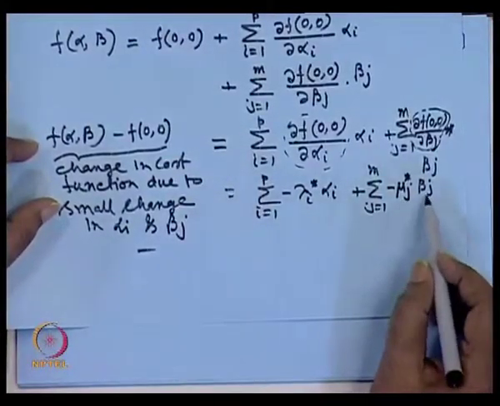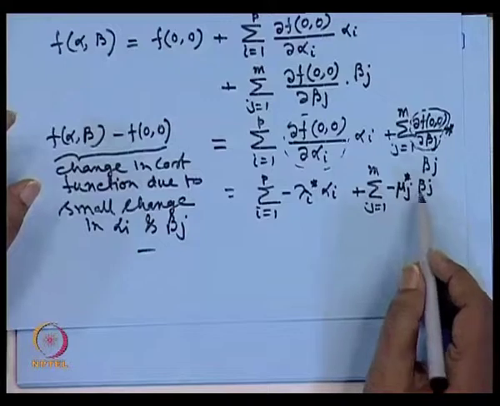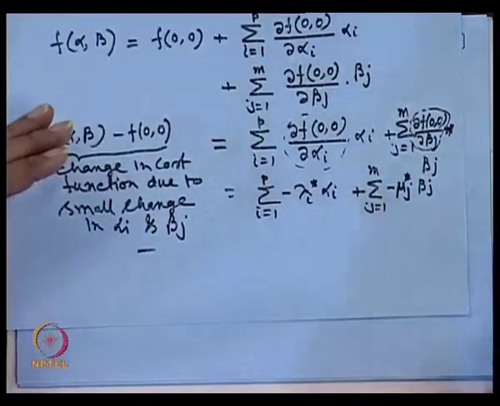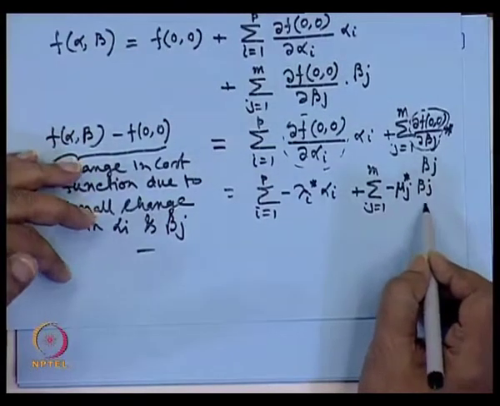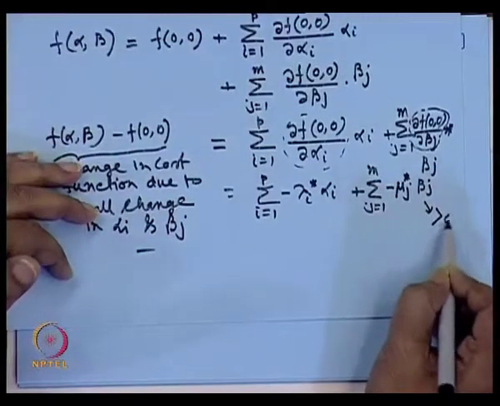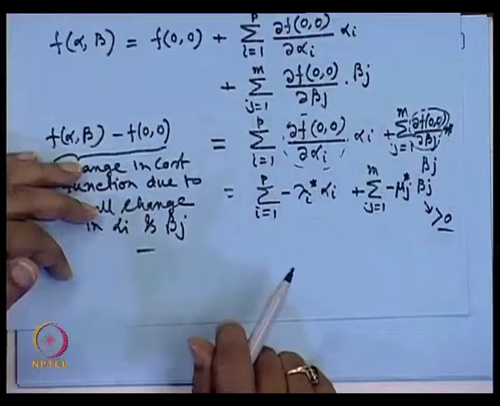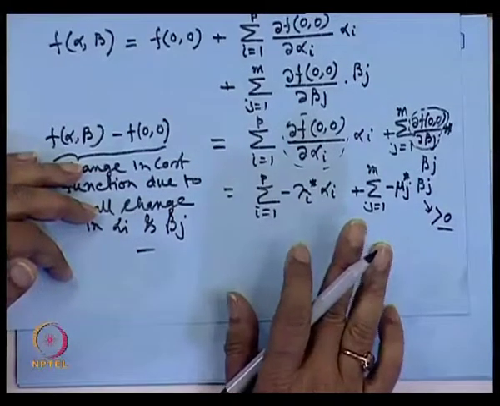this indicates when there is a perturbation in the inequality constraint on the right hand side, where beta j is a positive quantity. In the beginning we have considered it a positive quantity. This indicates that we have relaxed the constraint.